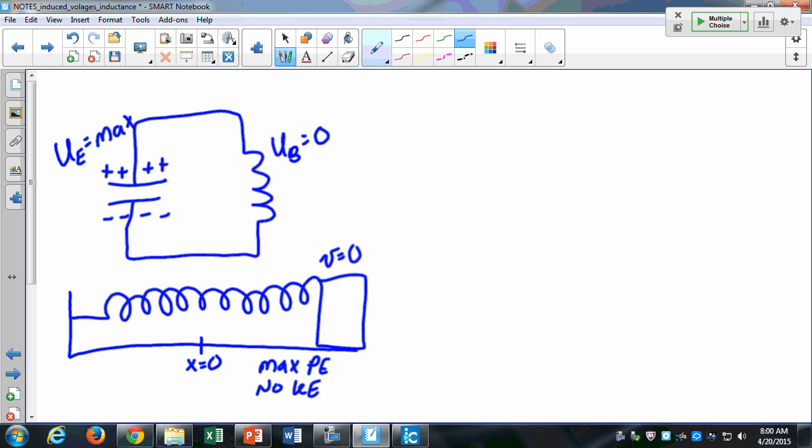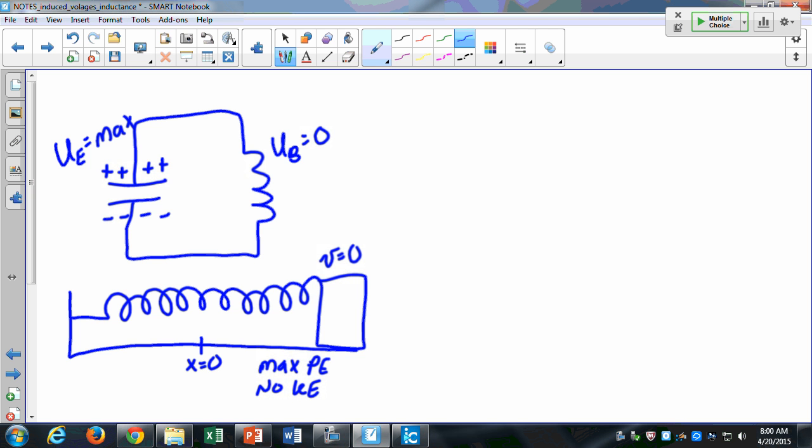If I have a resistor in the circuit, as this current flows through the circuit back and forth, changing directions each time, it has dissipative heating, right? Because if you run current through a resistor, P is equal to I squared R. It'll heat up that resistor and you'll slowly lose energy. We'll get into that in the next section when we get into LRC circuits, where we have a capacitor, an inductor, and a resistor.